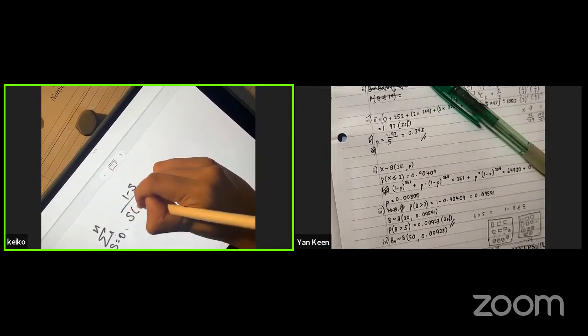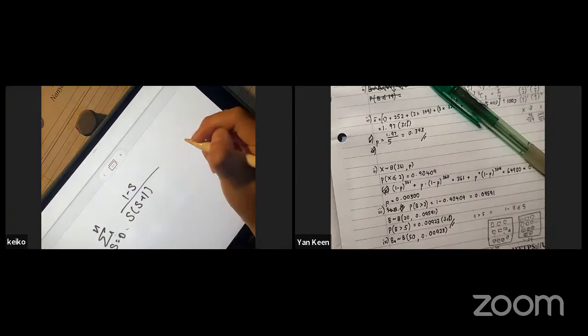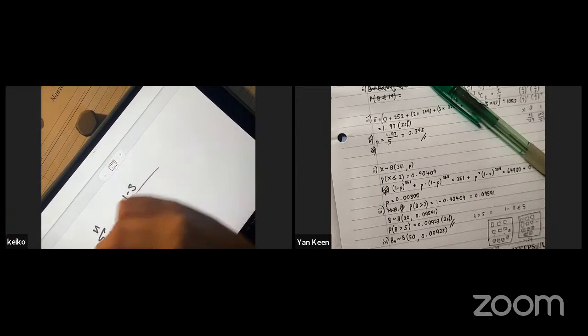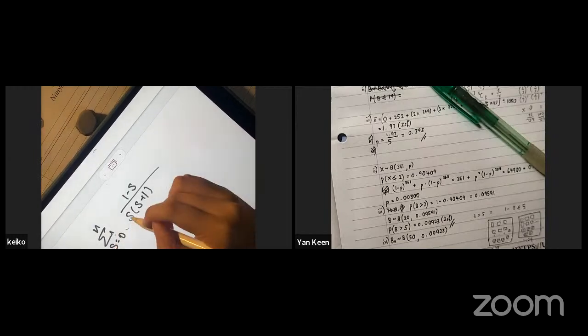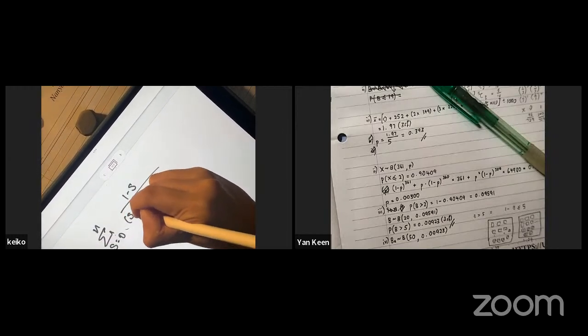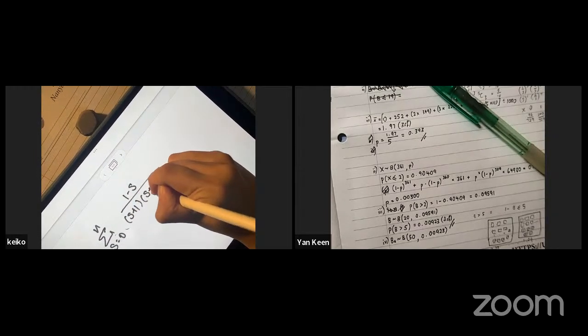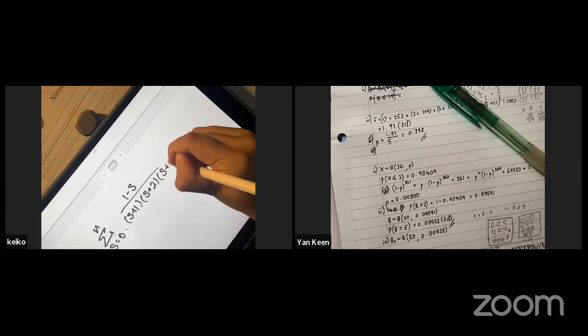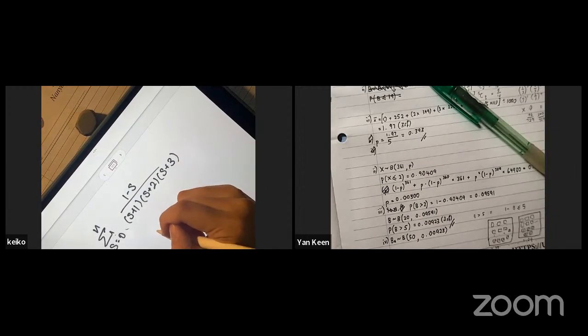Then I express it as 1 of S plus 1, S plus 2, and S plus 3. So in part 2 everything is S. This is a clear difference from part 1. There are similarities, but there are differences, so it's time for us to figure out the connection between them.